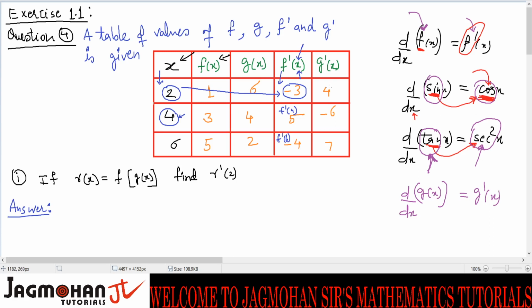This is g dash 2, g dash 4, g dash 6. These values are values of g dash x, that is, values of the derivative of g of x.